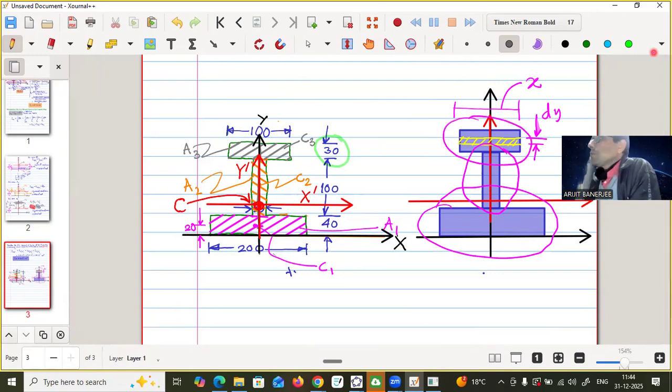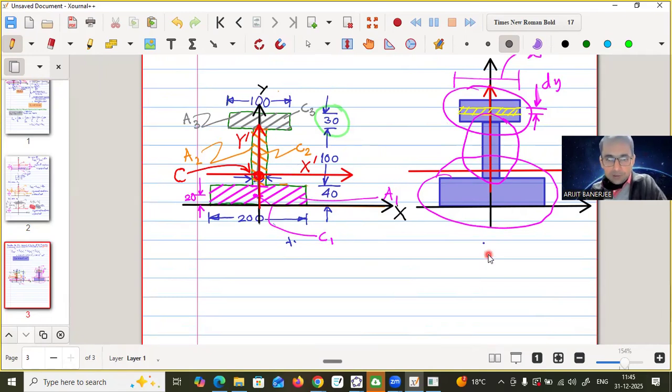So is it clear first of all? That means for three different ranges of y, we can identify three values of x, and these three values of x are constant. They are not varying. So x will come out of the integration without making any difficulty. First of all, is it clear?